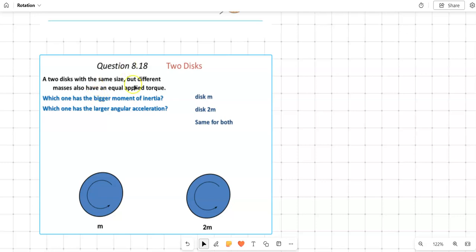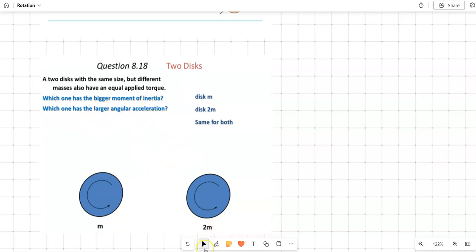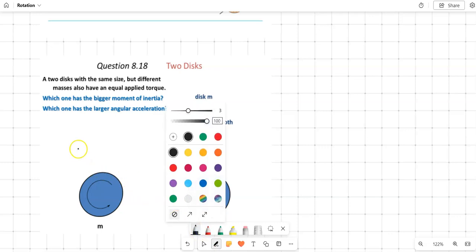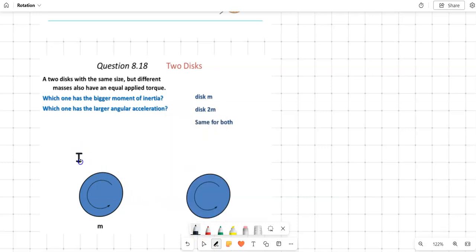Okay, we're back. So to figure out which one has a larger moment of inertia, we're just going to note those moments of inertia right here. Since this is a spinning disk, its moment of inertia is 1/2 m r squared. Since both objects have the same radius, this object has 1 m, so its moment of inertia will be 1/2 m r squared.